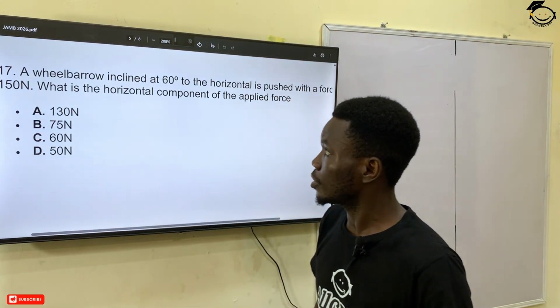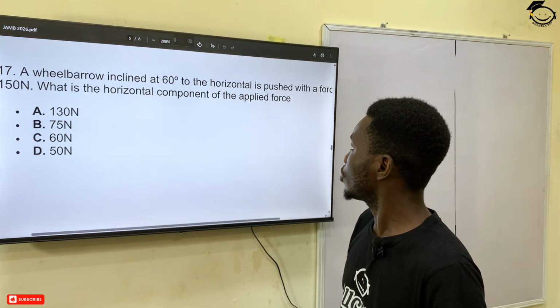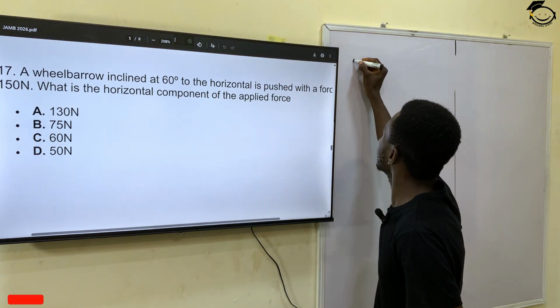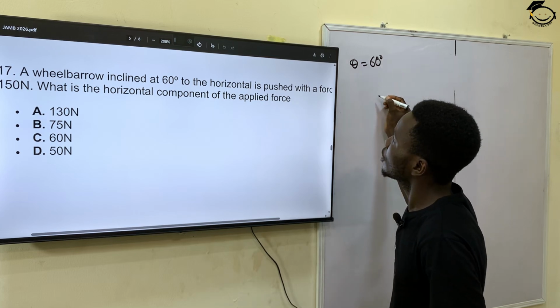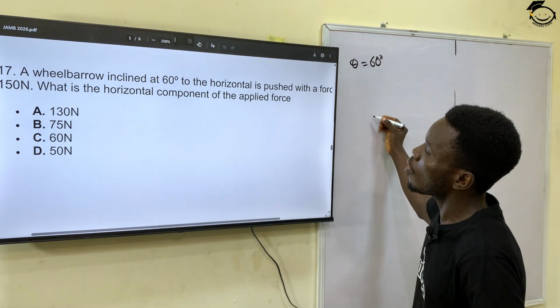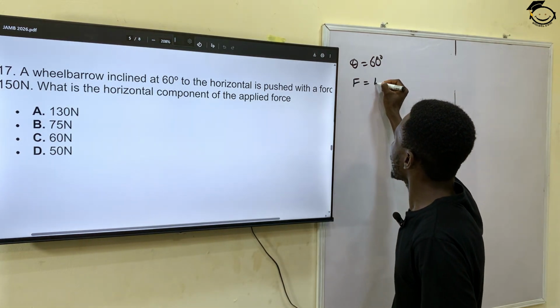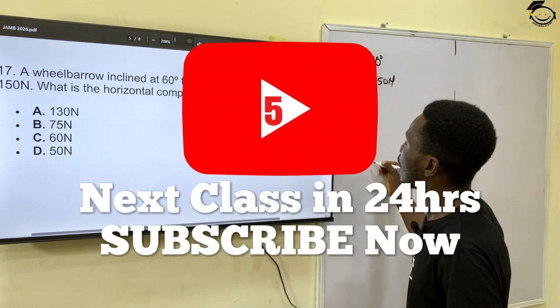Moving on to the next question, it says a wheelbarrow inclined at 60 degrees to the horizontal is pushed. So we have our angle of inclination, theta, at 60 degrees, is pushed with a force of 150 Newton. So the force here is 150 Newton. So what is the horizontal component of the applied force?